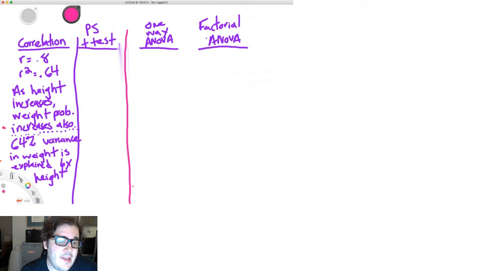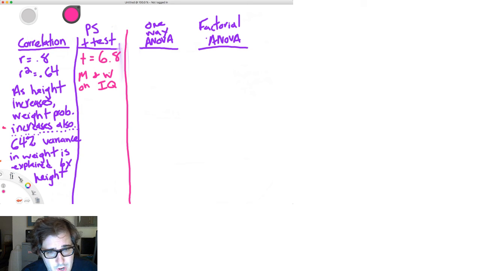So here, let's say you find a t-value that's significant, like t equals 6.8. That's a big t-value. So let's say you're testing two groups, men and women, on IQ. You found that women's mean was higher on IQ than men's, and you compared that and found a significant t-value.